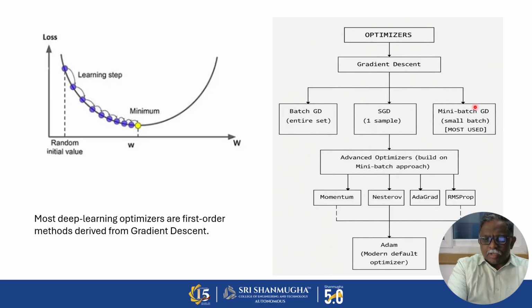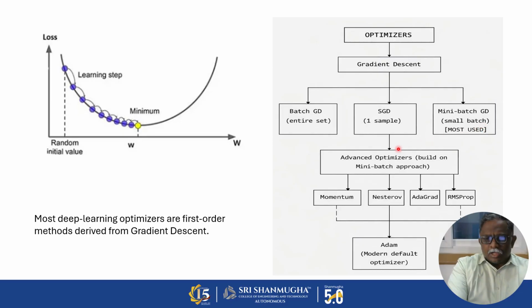In mini batch, instead of the whole batch, we go by 32, 64, 128. This small batch is used for the gradient descent approach, and most of the advanced optimizers that we use today are based on the mini batch approach.